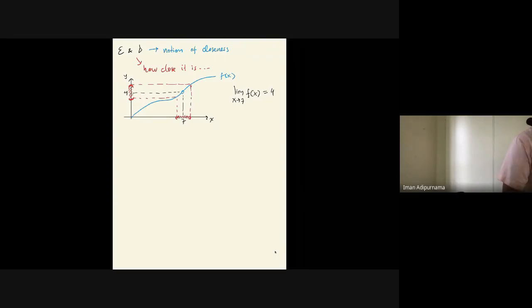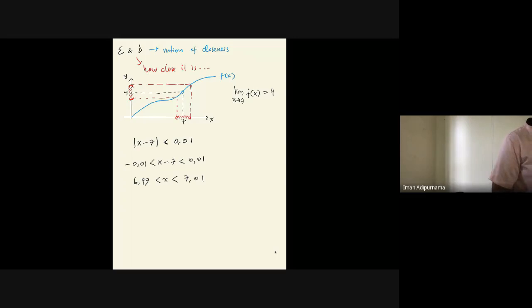For example, if the distance is really small, let's say 0.01, then it will be 6.99, and this should be 7.01.